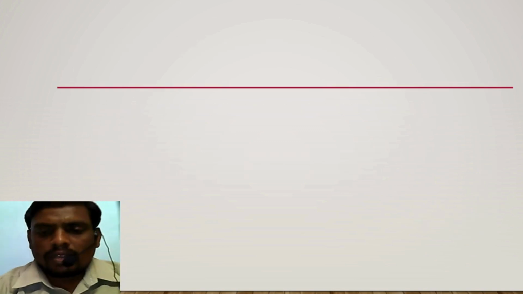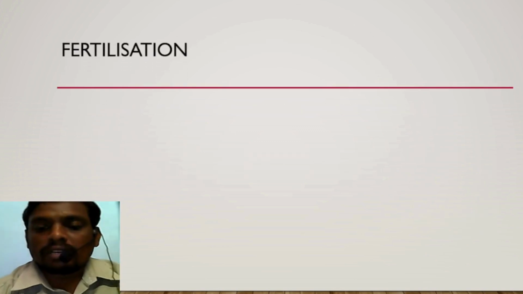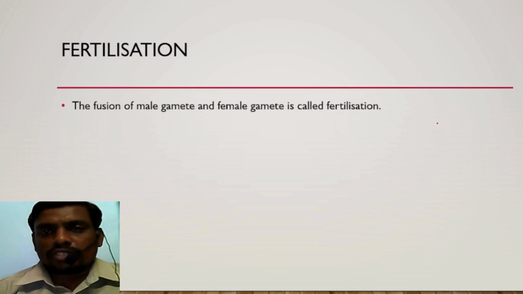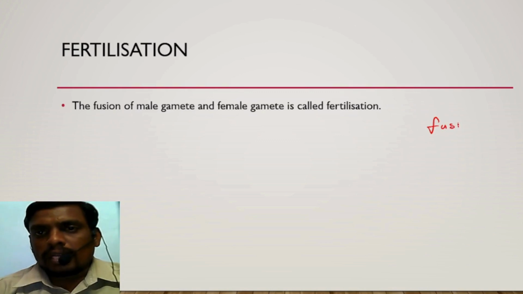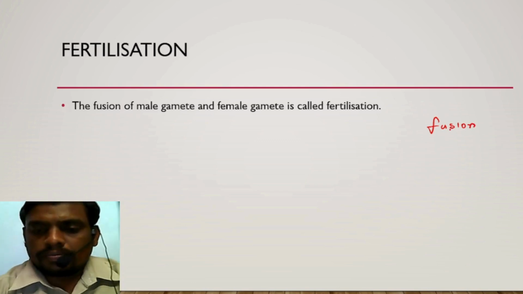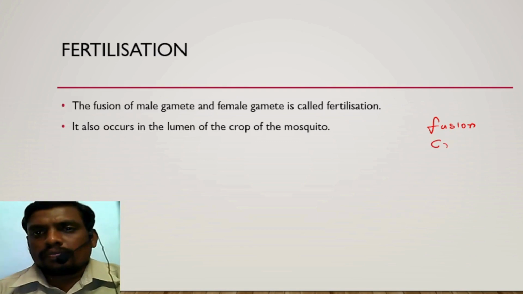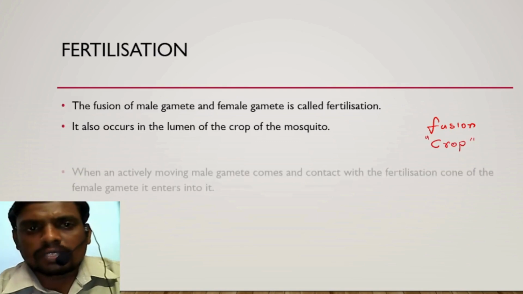After formation of male gamete and female gamete, what happens? These two gametes undergo fusion. The fusion of male gamete and female gamete together is called fertilization. It occurs in the lumen of the crop of the mosquito.